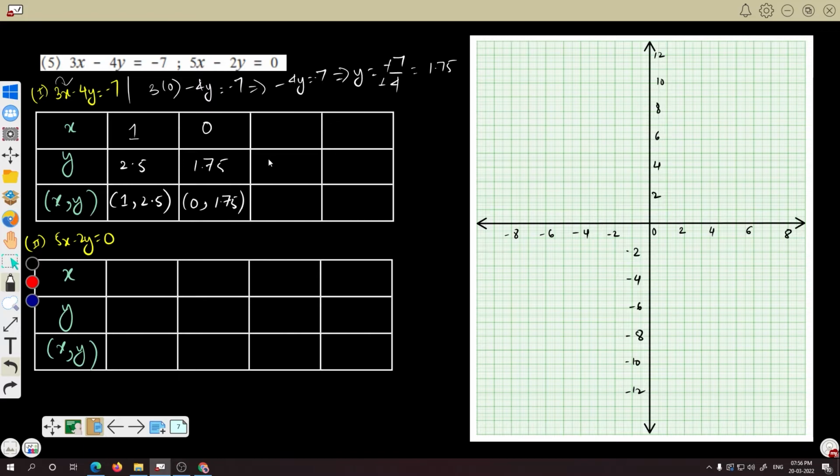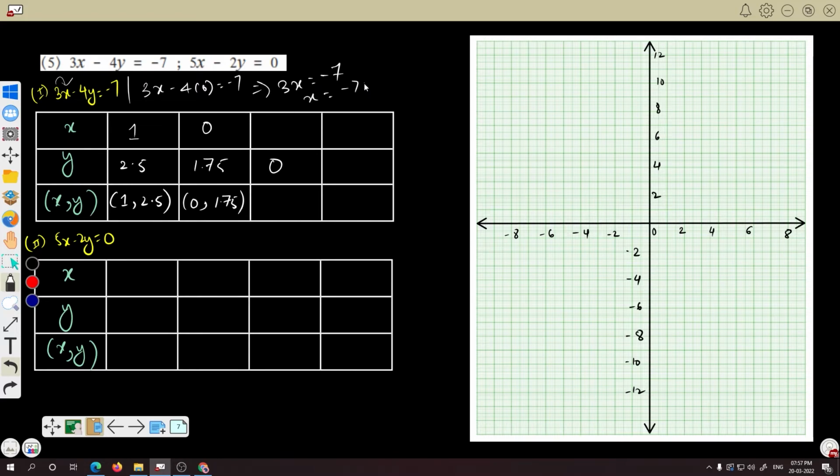For this given equation, the answers are in decimal point, so no issue with this. Till now we could look for some other alternatives, but fine. For this particular equation, we'll go with decimal points. Now I need to find one more point, so I'll take y as 0. So the equation will be 3x minus 4 into 0 is equal to minus 7. So this will be 3x is equal to minus 7.